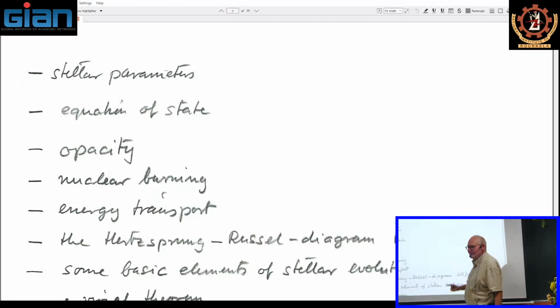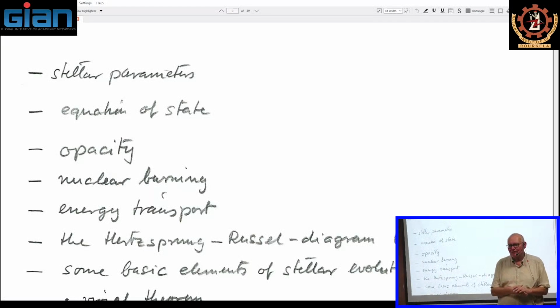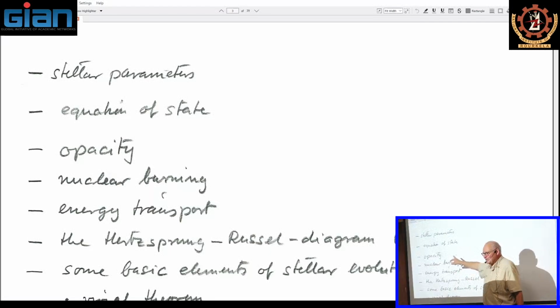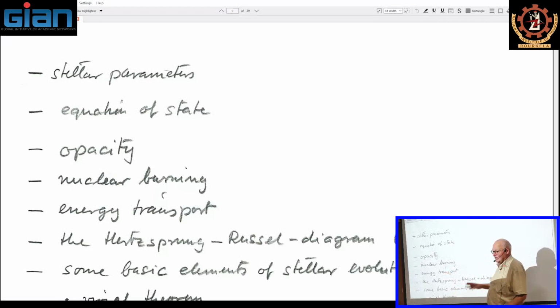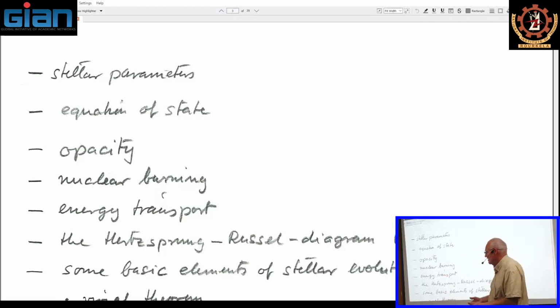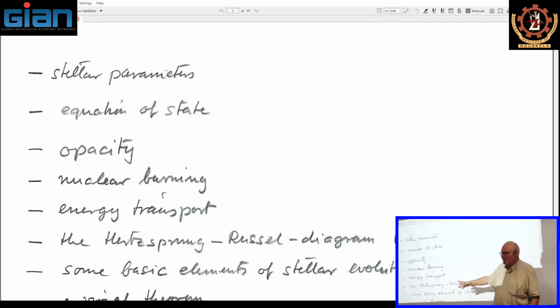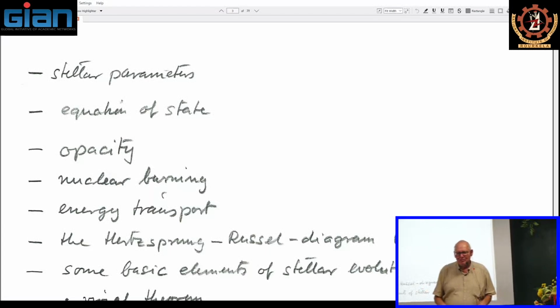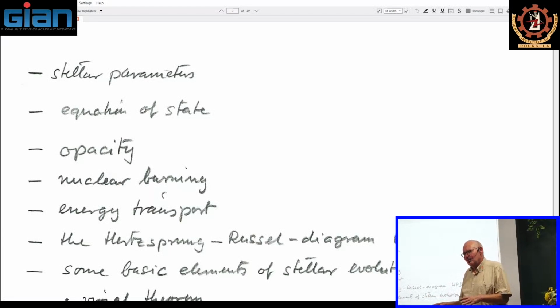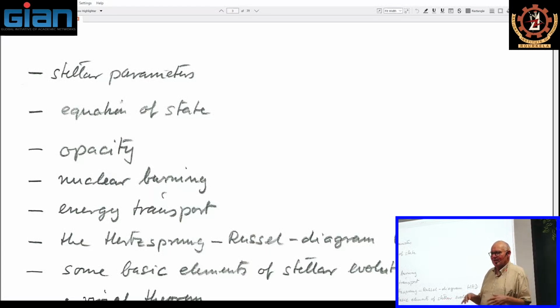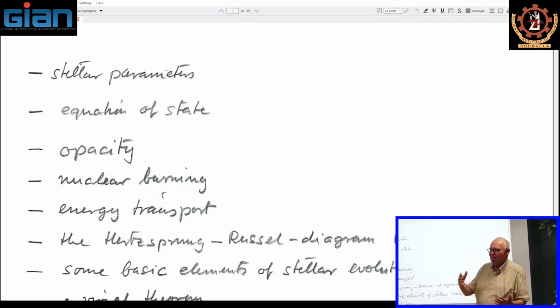Okay, so what we'll do now for the next few lectures is we will briefly comment on stellar parameters. Then we need to discuss, this is also necessary for later use, the equation of state in more detail. We will have to discuss the opacity. This is very important for stellar pulsations. We will comment a little bit on nuclear burning and the energy transport, because that touches also some problem which appears again in stellar pulsation theory. The stability of stratification comes in again if you consider g modes later on.